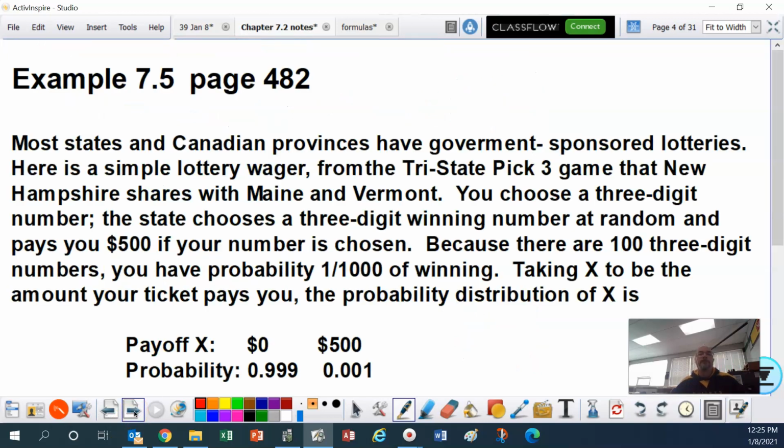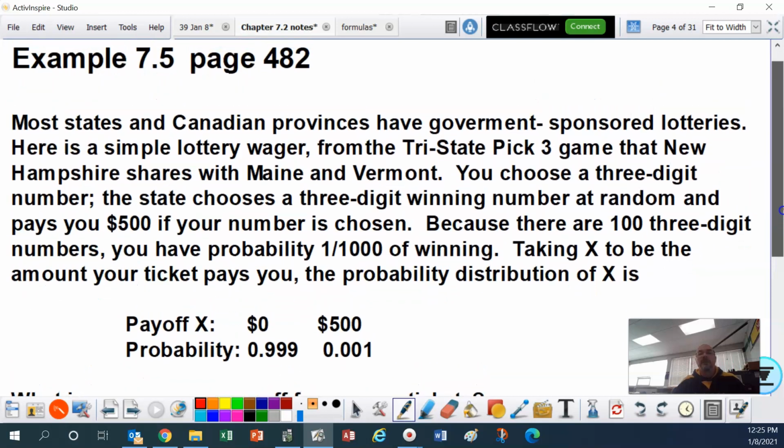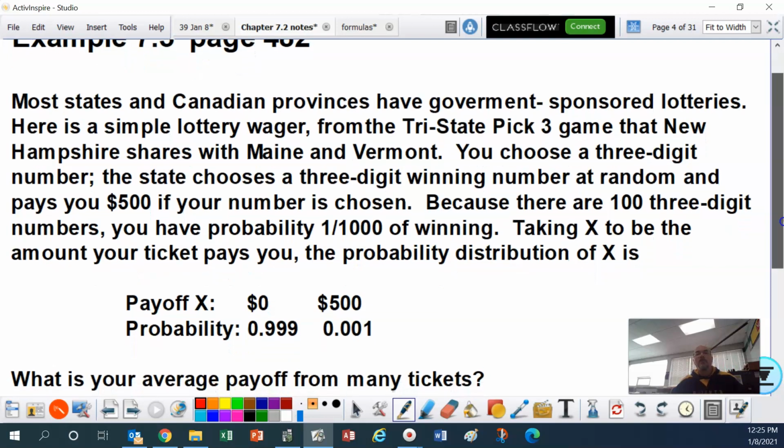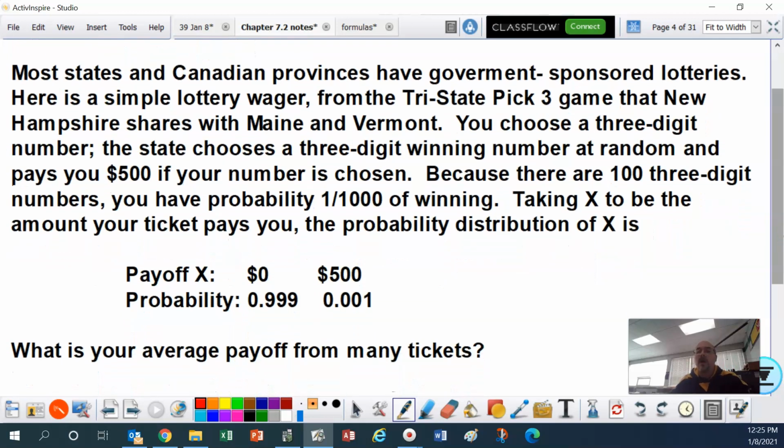Okay, now here's another one. This is example 7.5, page 482. Most states and Canada provinces have government-sponsored lotteries. Here is a simple lottery wager from the Tri-State Pick 3 game that New Hampshire shares with Maine and Vermont.